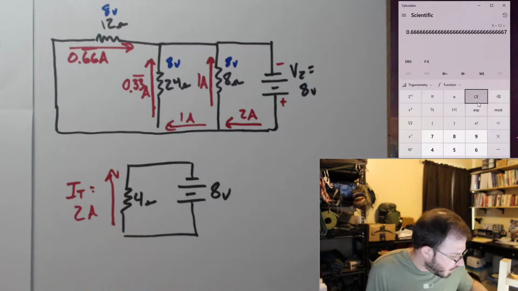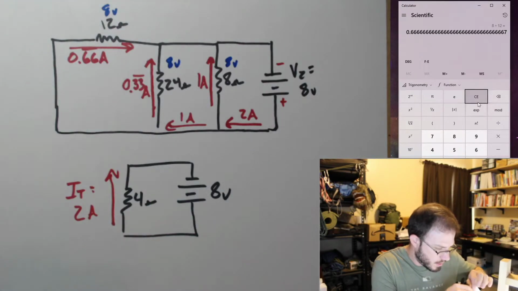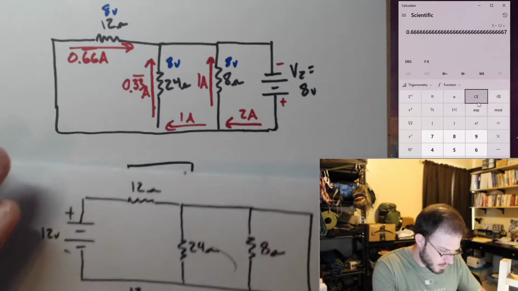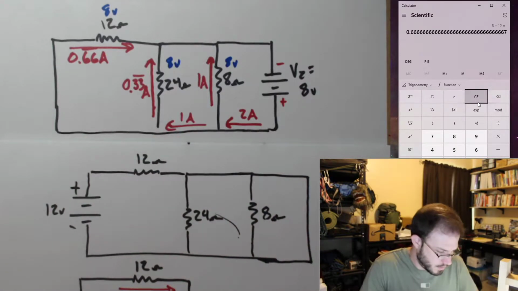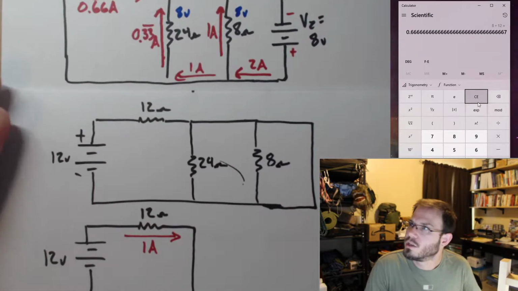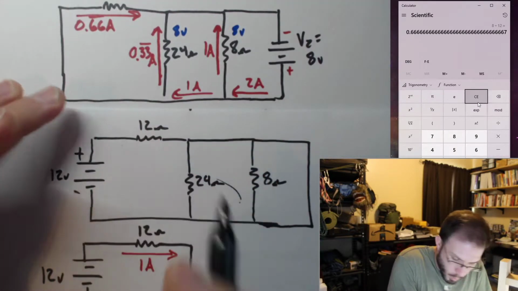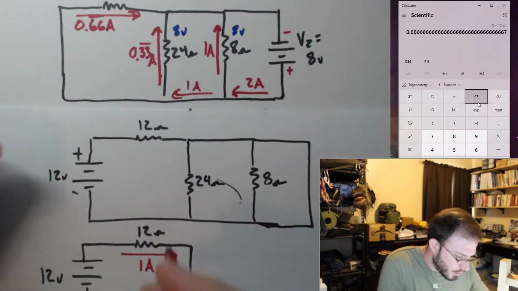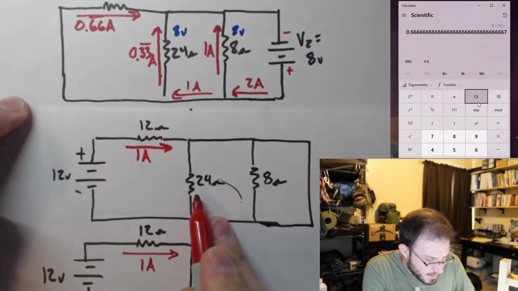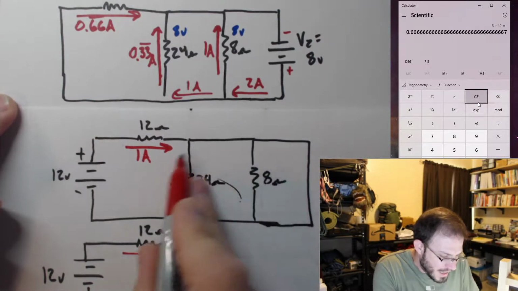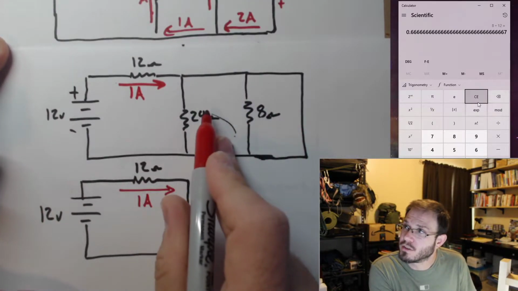Okay, so we have our two solutions now. In our second solution we had 1 amp going to the right through our 12 ohm, and this 24 and 8 ohms had no impact on the circuit at all.